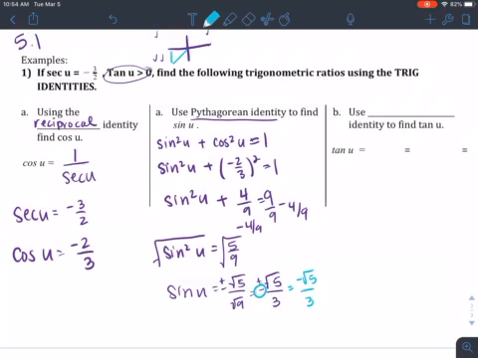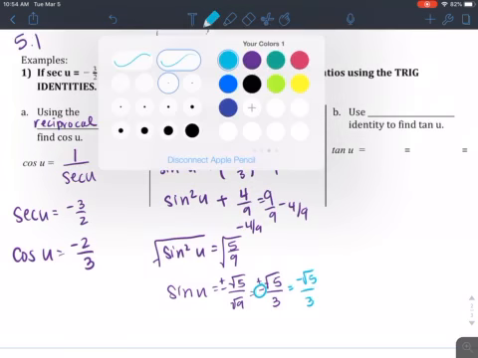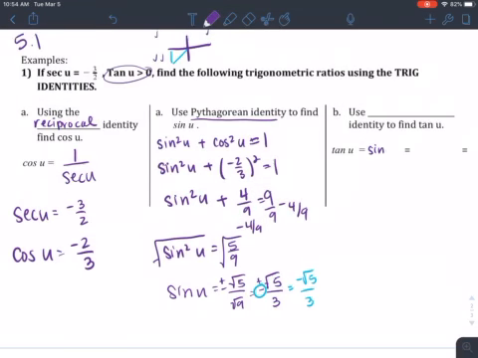Okay, lastly, we're going to use some property to figure out the tangent of u. So how could we rewrite tangent? Remember, it's sine over cosine. That's sine u over cosine u, and this is the quotient identity.